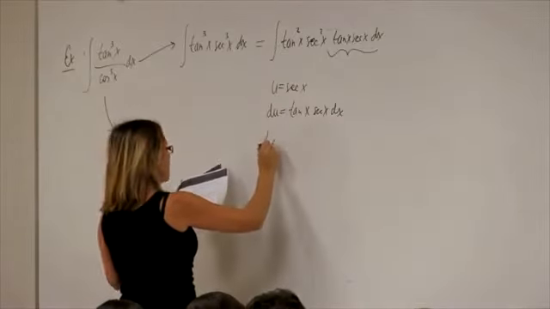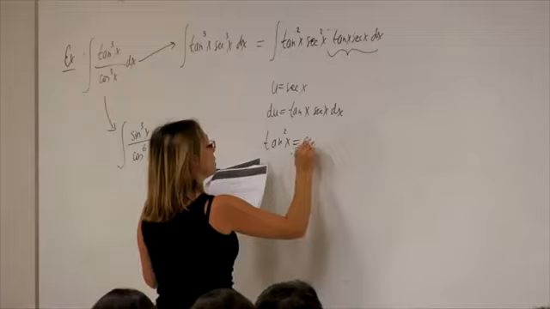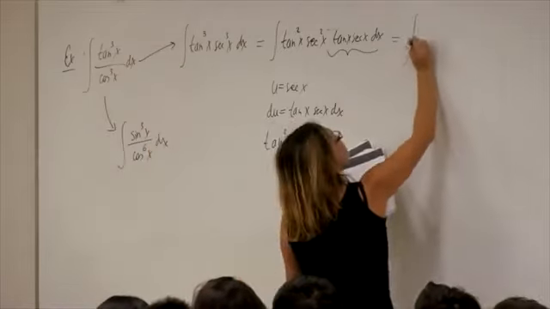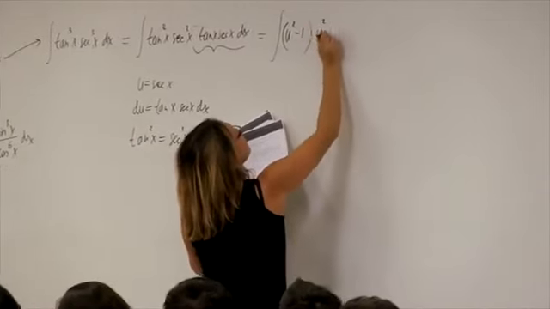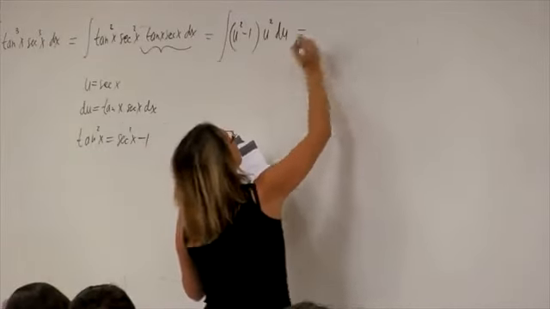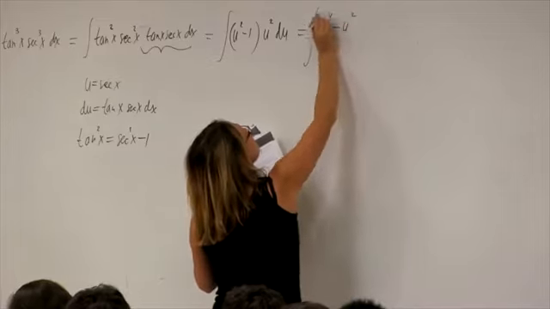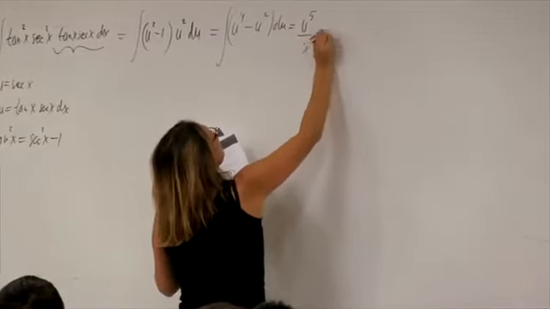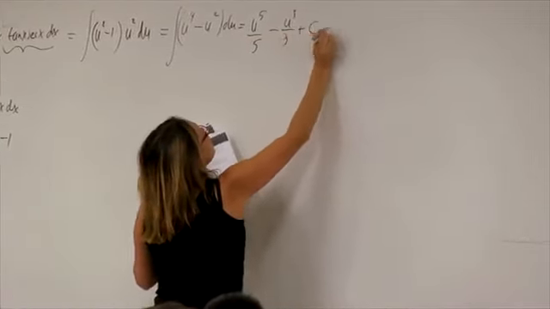How about tangent squared? Tangent squared is secant squared x minus 1. So I rewrite this whole thing as u squared minus 1 times u squared du. And now it's easy. Okay, just one more step. u to the 4th minus u squared du, u to the 5 over 5 minus u cubed over 3. And I go back.